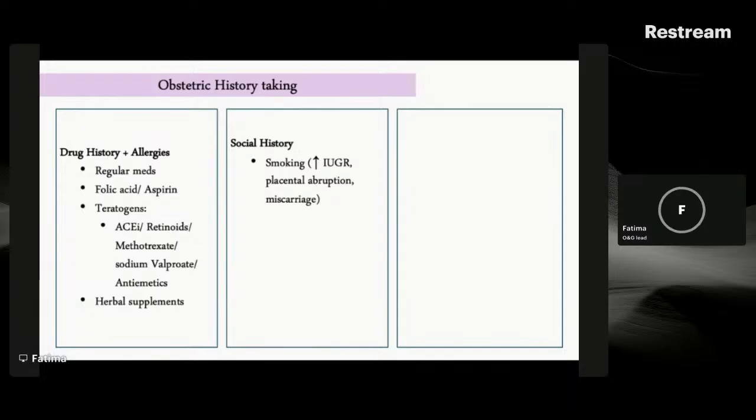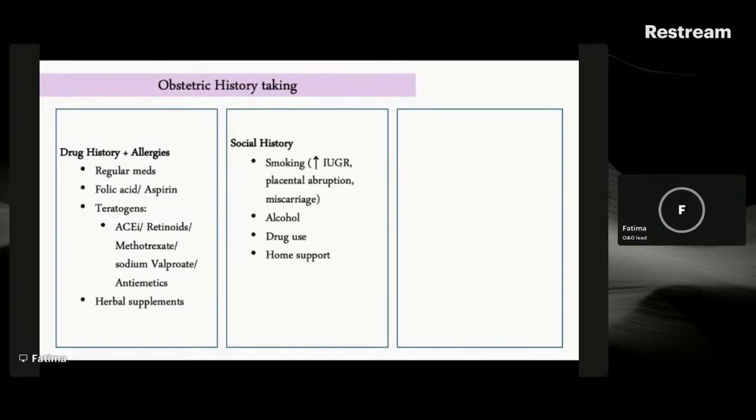Herbal supplements as well. In terms of social history and then allergies, as we mentioned, you ask what allergies and what happens if you do get an allergy. And then in terms of social history, smoking is very important to ask about because ladies that smoke are more at risk of having intrauterine growth restriction to the fetus, placental abruption, and even miscarriage. Alcohol, because that can also predispose to issues.